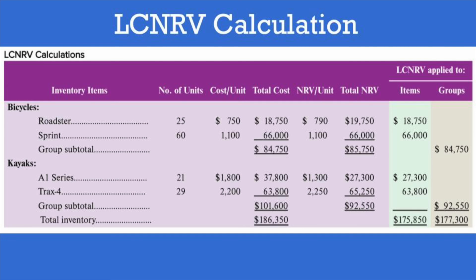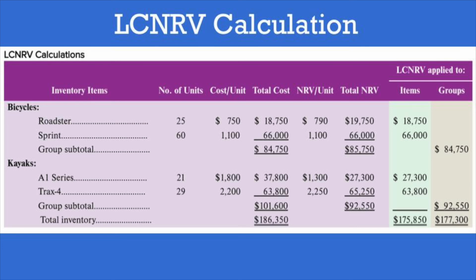We think the roadster bike has been very popular, and we'll be able to sell those at a higher amount. We think that we could get good money for them. So the net realizable value for them is actually higher than what we paid for them. Now, according to our accounting rules, however, we have to record them at the lower of the cost or the net realizable value.